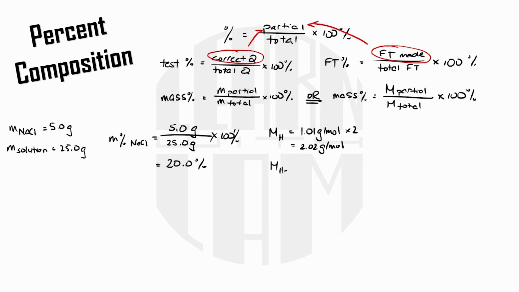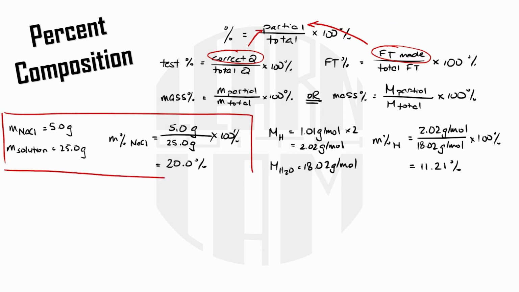The molar mass of water is 18.02 grams per mole, and that's including the hydrogens, of course. So then the mass percent of hydrogen in water would be 2.02 grams per mole, divided by 18.02 grams per mole, times 100%, which gives us 11.21%.